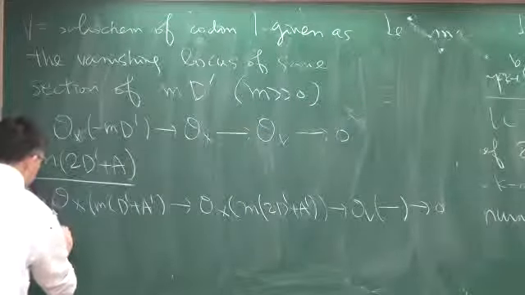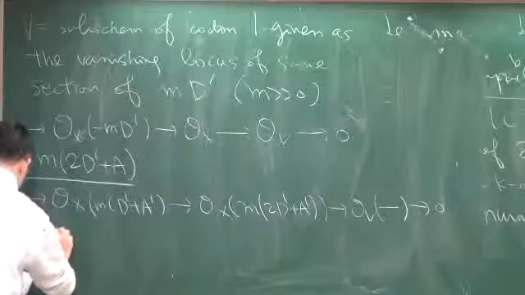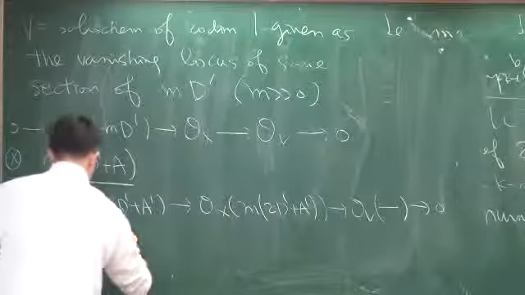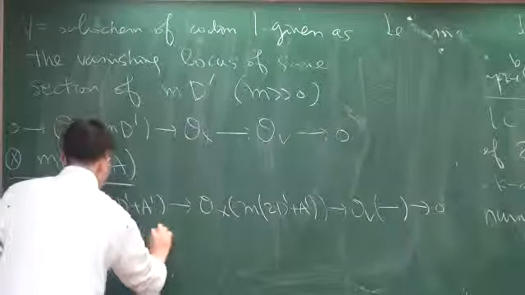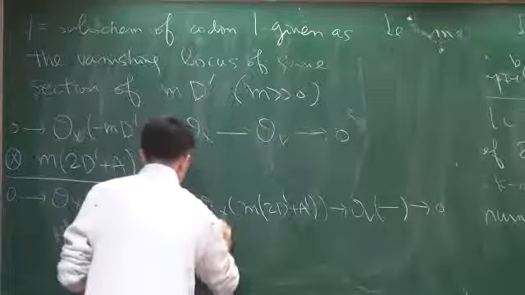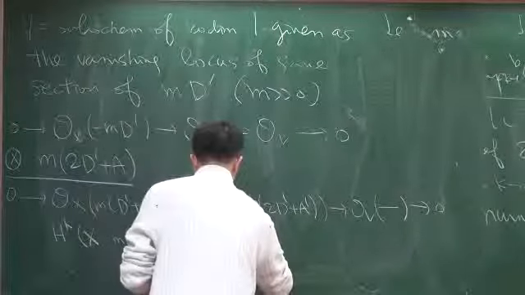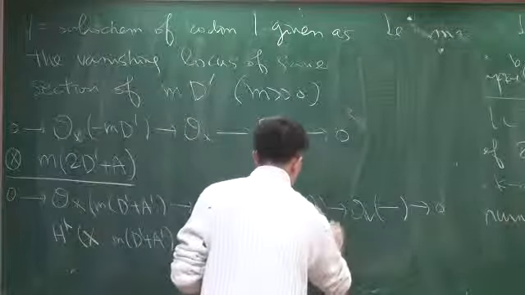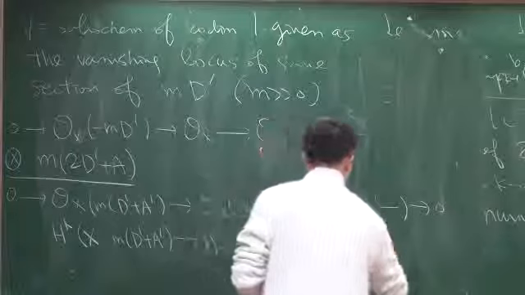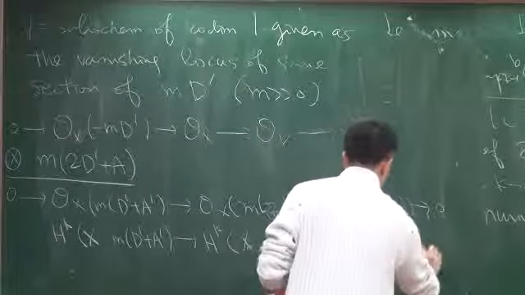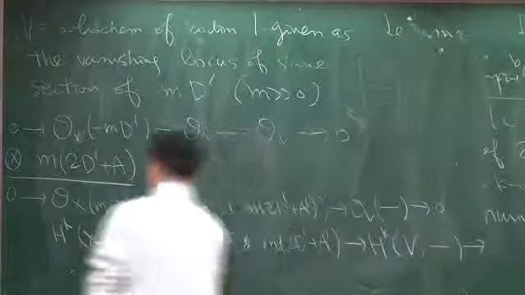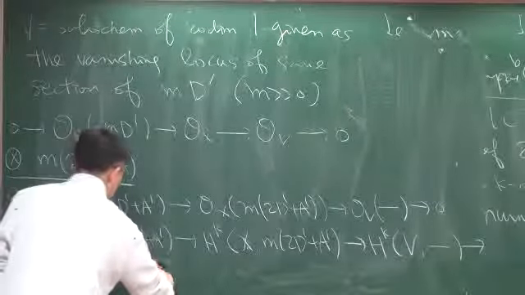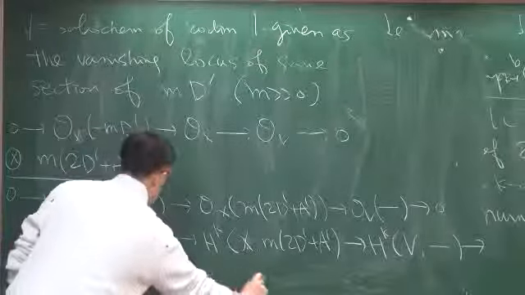And if you look at the long exact sequence, this is the last step: H^k(X, MD' + A') to H^k(X, M 2D' + A') to H^k(B, something) to H^k(X, MD' + A'), and so on.